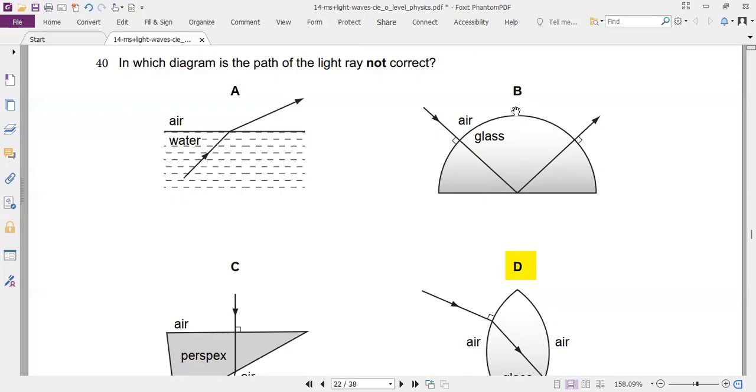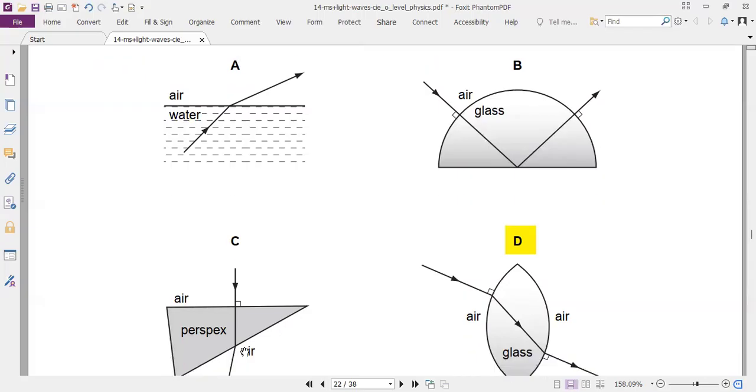Well, how about if this angle was greater than the critical angle? If this angle is greater than the critical angle, it should also show a ray here, which is partial, which is the critical angle. This is not showing a ray here. That's why.